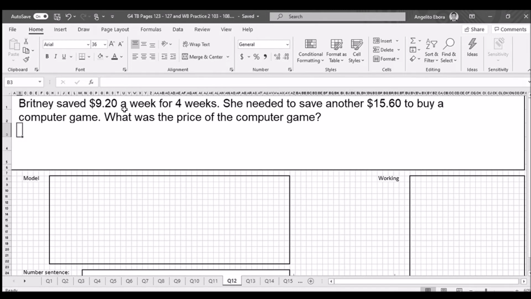So it says a week. Okay, so let's draw. This one is 1 week, and that is $9.20. Okay, that's 1 week. Now we need 4 weeks, right? So you just copy, paste.